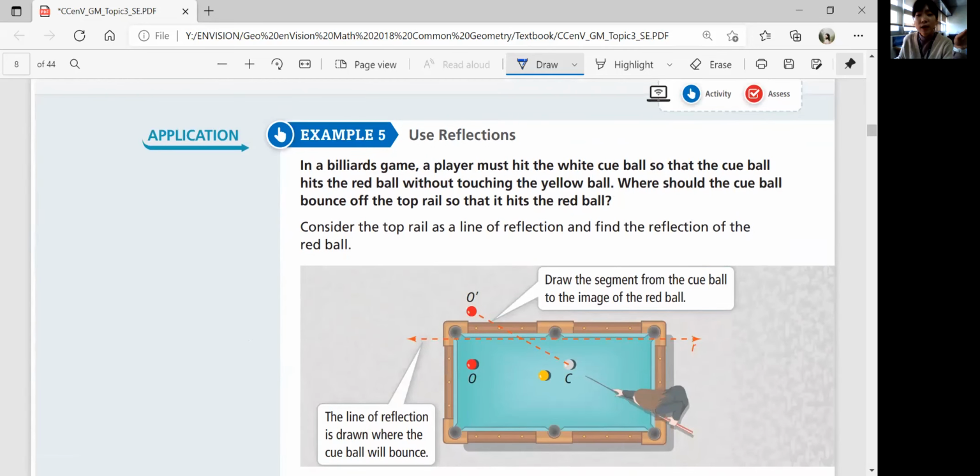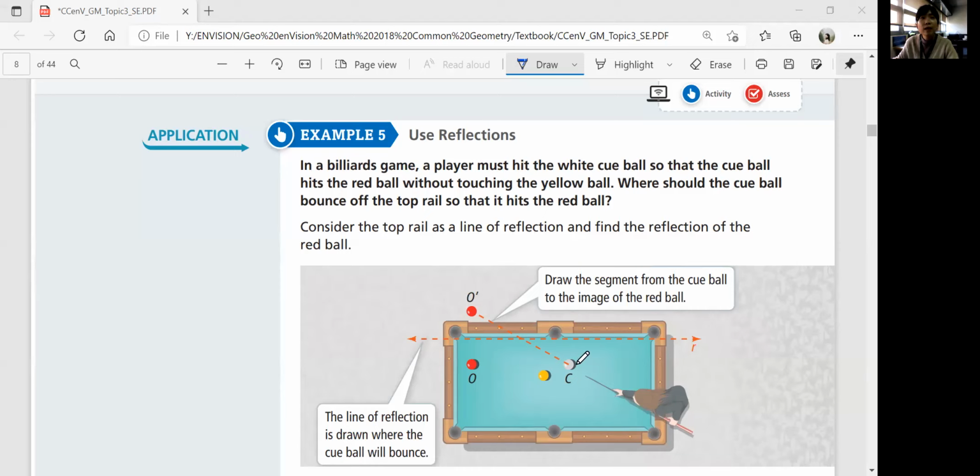Let's look at example 5. Okay? In a billiards game, a player must hit the white cue ball so that the cue ball hits the red ball without touching the yellow ball. Where should the cue ball bounce off the top rail so that it hits the red ball? Okay, the cue ball is this white one.